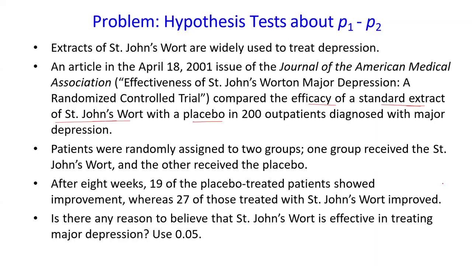They randomly assigned patients to two groups. One group received St. John's wort, which is the medicine name, and the other group received the placebo. After 8 weeks of that medication, 19 of the placebo-treated patients showed improvement, whereas 27 of those treated with St. John's wort showed some improvement.